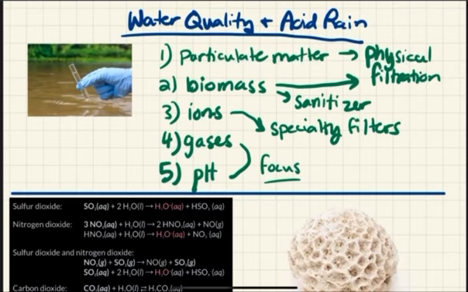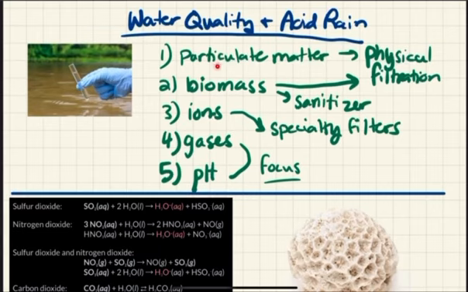A lot of our drinking water is taken from more natural environmental sources of water. There are a lot of things that need to occur in order to get this water purified enough for drinking. But when you pull water from something like a river, as shown in this image to the left, you'll have particles present that would need to be filtered out by some sort of physical filtration mechanism.